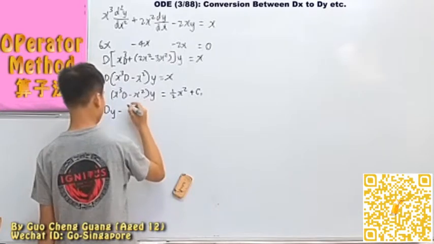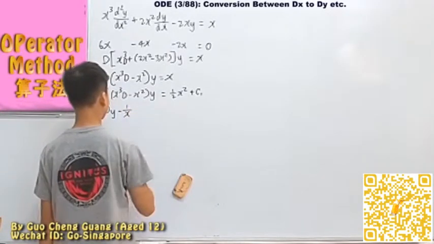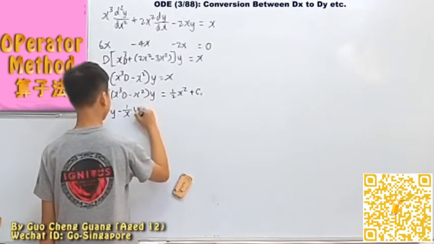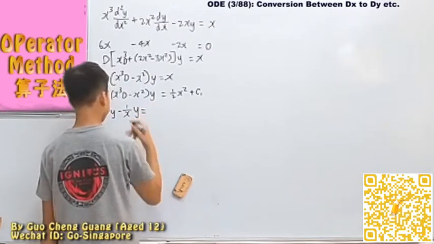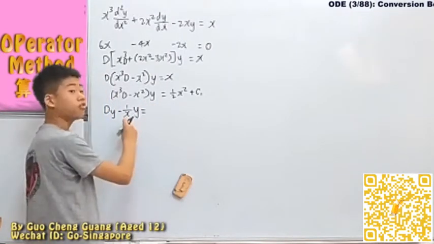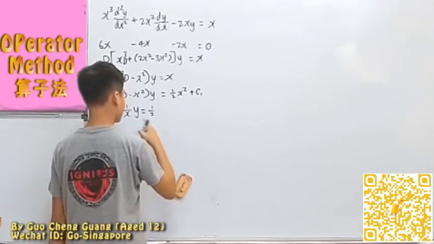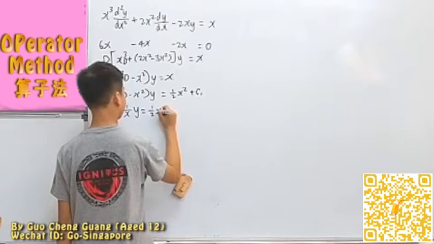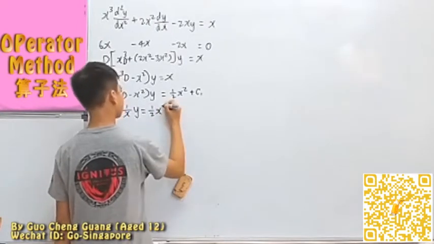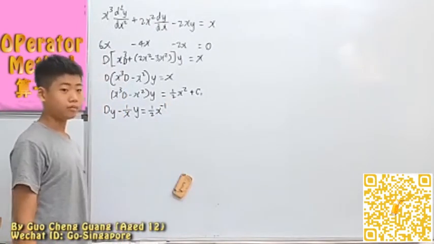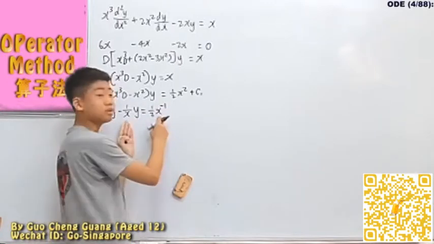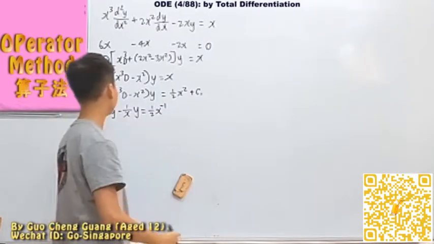That means here you get a negative 1 over x, and here is a y. Or you can also choose to write it as x to the power of negative 1. Either way is possible. Then this will be equal to half x to the power of negative 1. I'm just going to tell you these two ways of writing both can work.